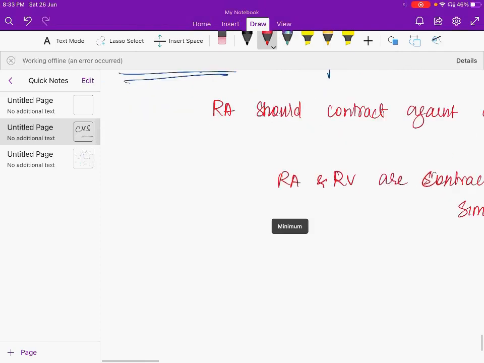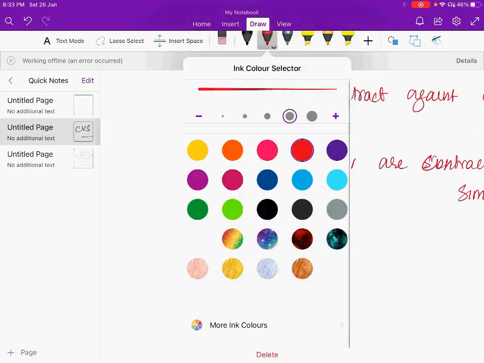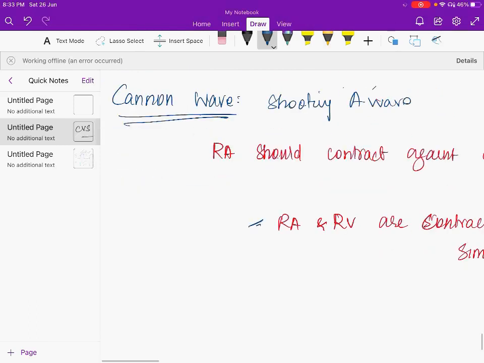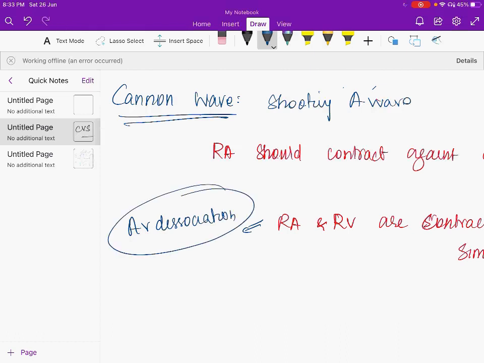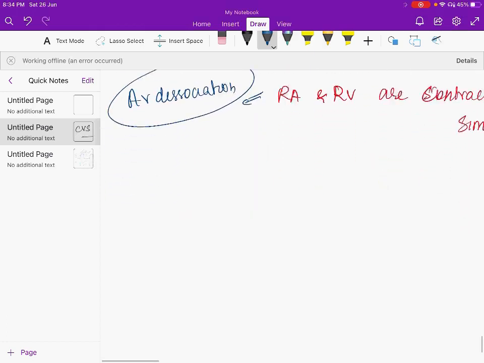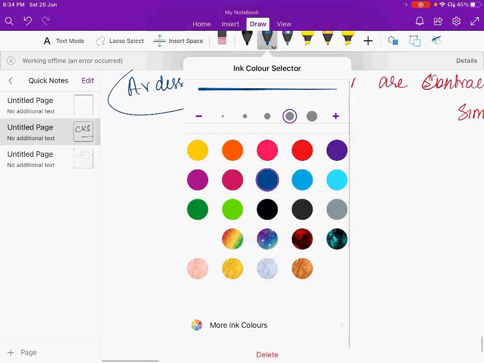So this is what we call AV dissociation. There is no connection between right atrium and ventricle, and your right atrium is going in its own way, and your right ventricle is going in its own way. So there is dissociation between atrium and ventricle, and you will call it AV dissociation.